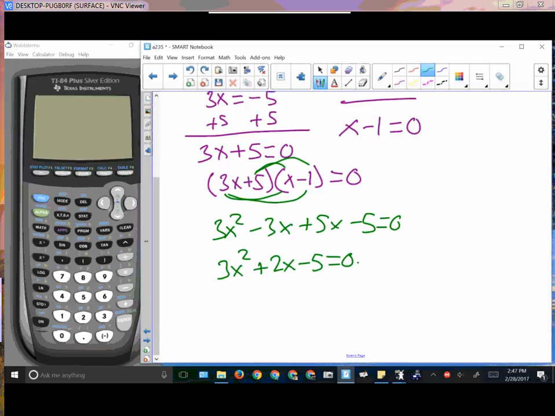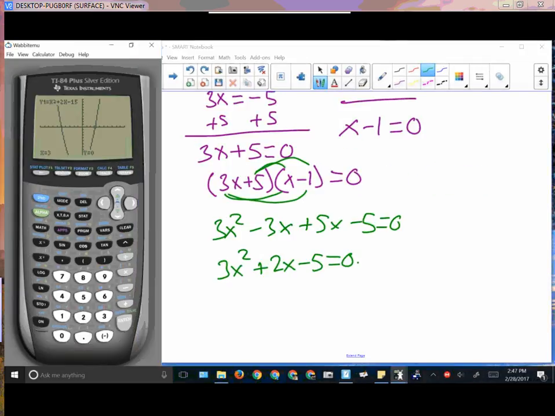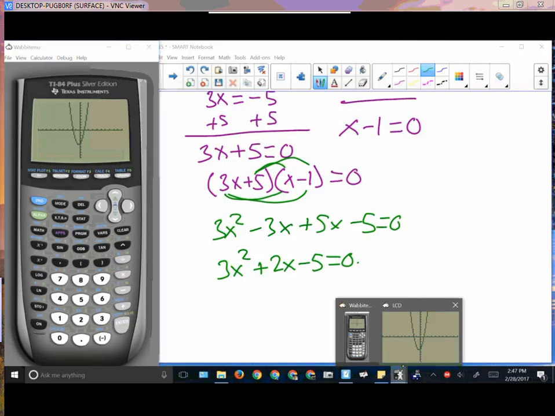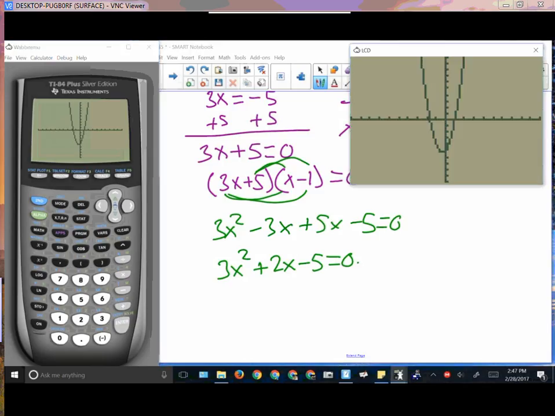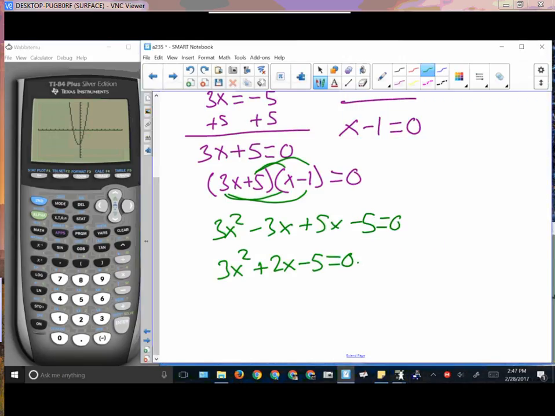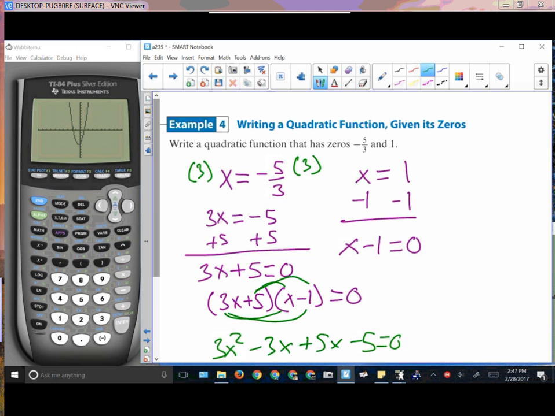Now, if I were to go and use my graphing calculator and put that equation in of 3x squared plus 2x minus 5 and graph it, I see a graph. How many places does this thing go across the x-axis? 2, right? Where were the zeros supposed to be according to what they gave us to begin with?